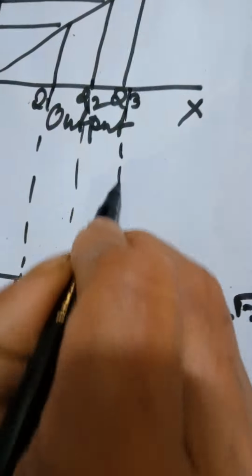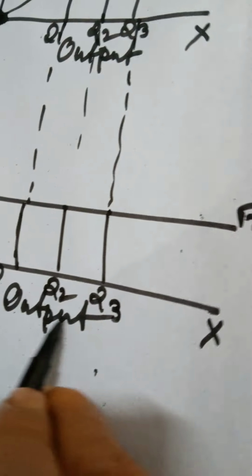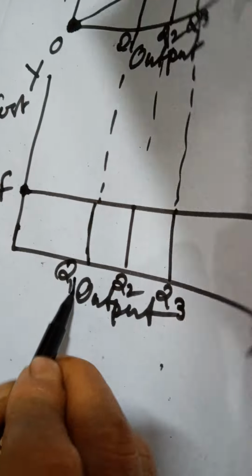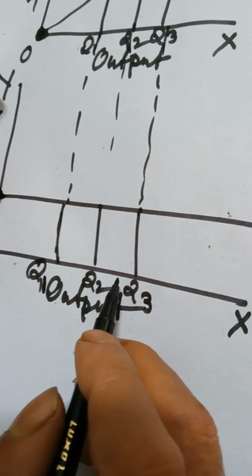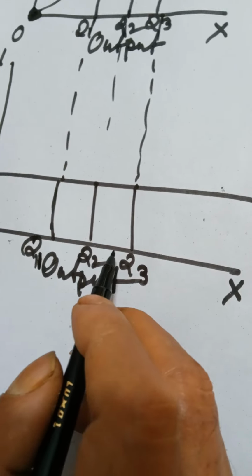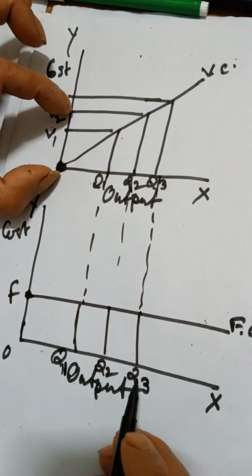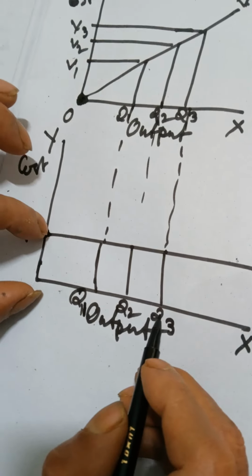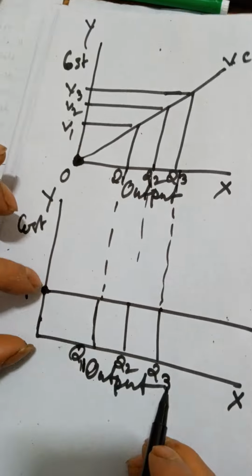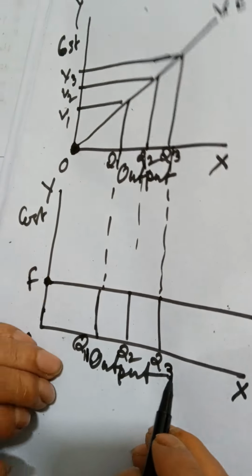This is Q1, Q2 and Q3. So for OQ1 units, this much is variable cost and this much is fixed cost. For OQ2 units, this much is variable cost but this much is fixed cost. Again for OQ3 units, this much is variable cost and this much is fixed cost. So fixed cost remains fixed.